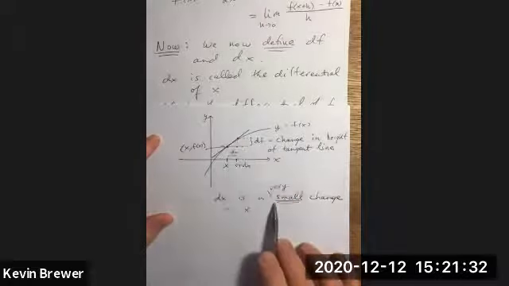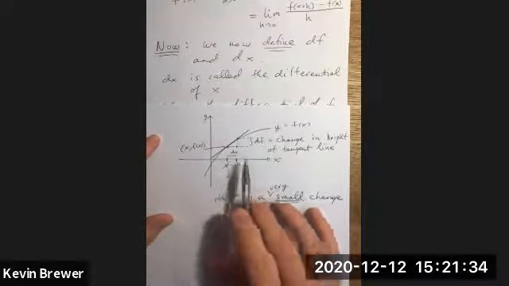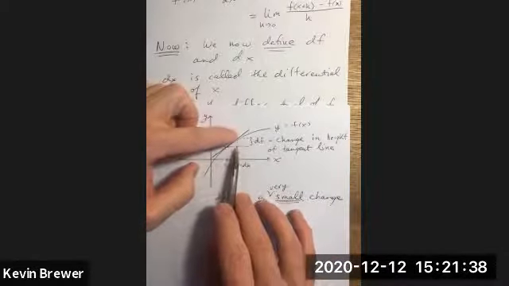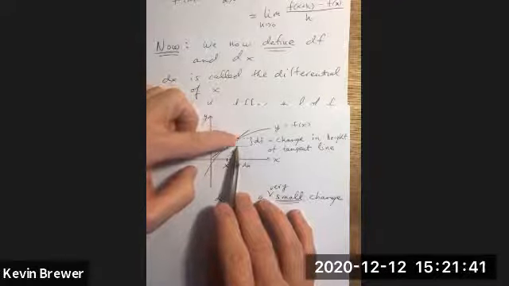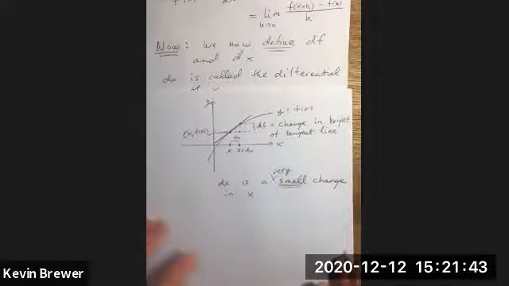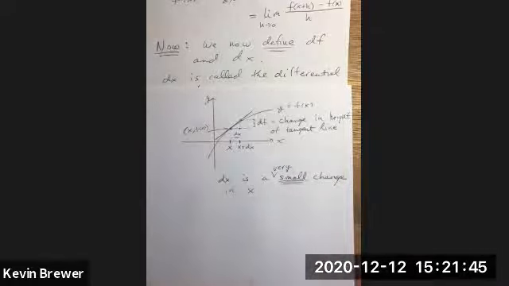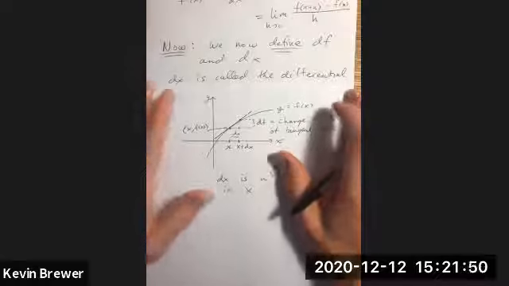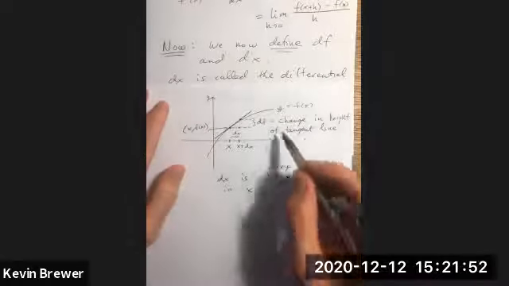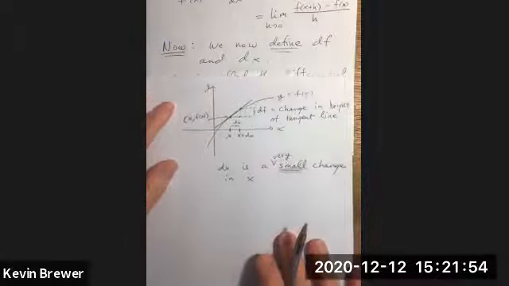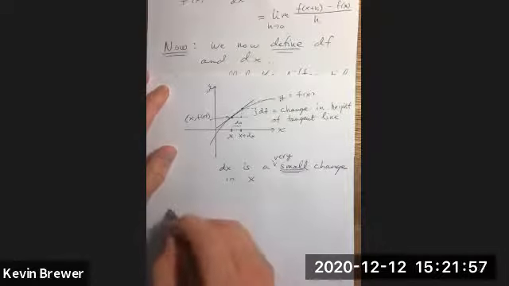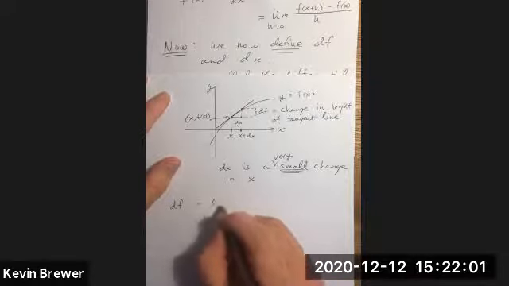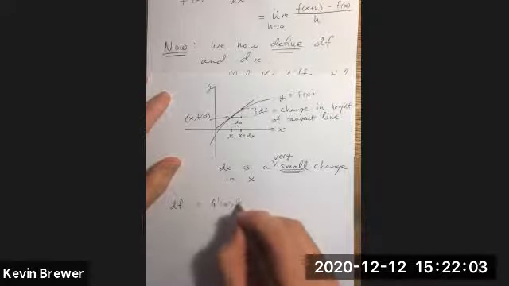And when we zoom in, and this is a really small change in x, then the change in the height of the tangent line is approximately the change in the height of the function. So that's in the long run one of the uses for df. But for right now, all we need is that df is the change in the height of the tangent line. And here's the formula for it. df is f prime of x times dx.